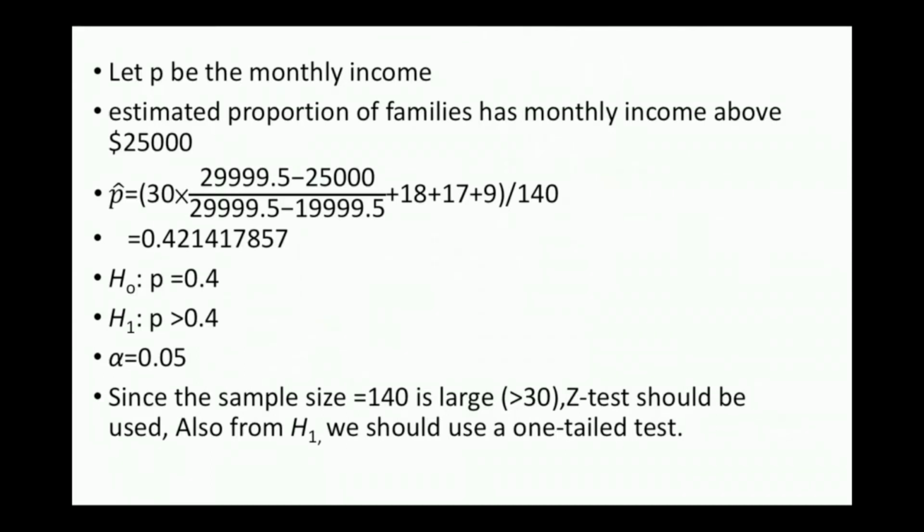The null hypothesis will be P equal to 0.4 and the alternative hypothesis will be P bigger than 0.4 and the alpha will be equal to 0.05. Since the sample size 140 is large, a z-test should be used. Also from the H1 we should use a one-tailed test.